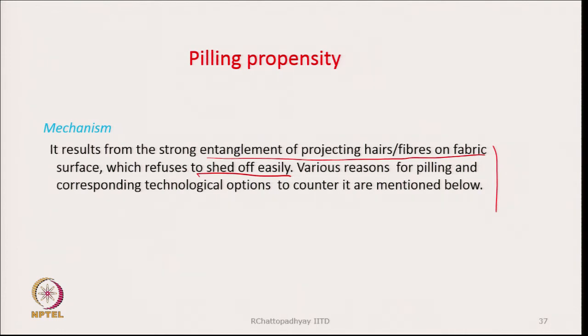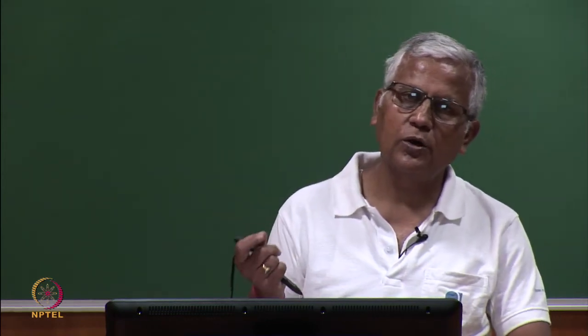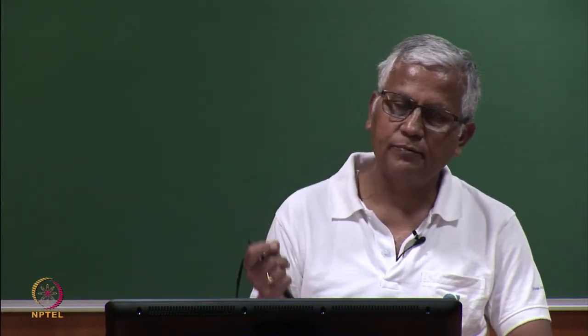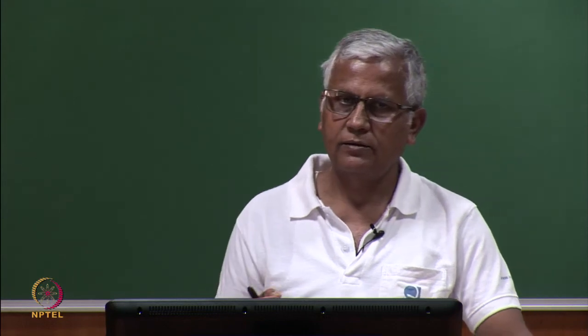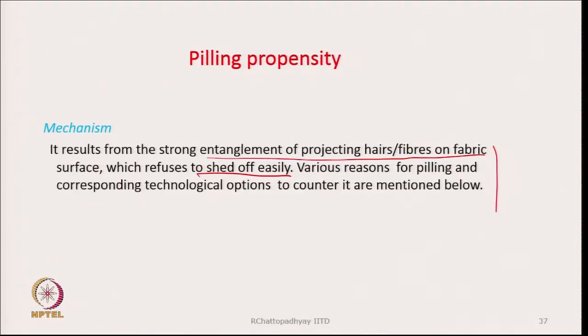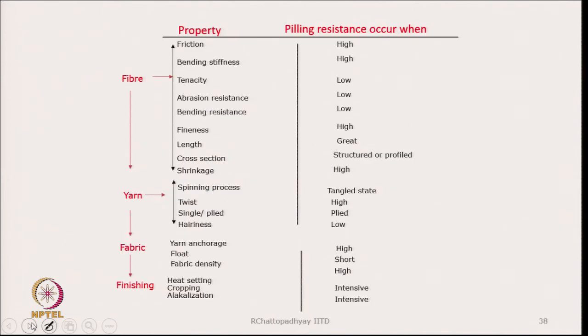Next stage is these projecting fibers would get entangled by some means. And the third thing is after entanglement, these are not going to shed off, so they are strong enough to remain stuck to the surface of the fabric. This has been studied by many people.